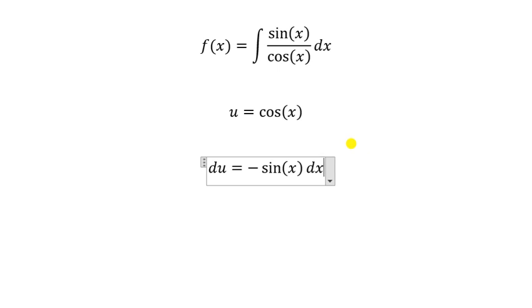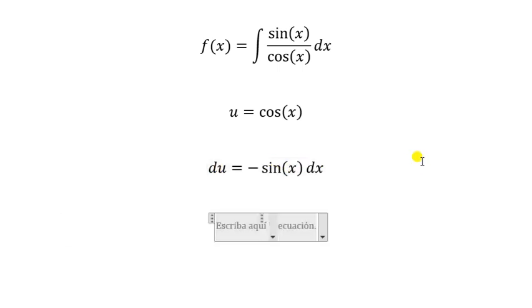Right? Now, we can try to directly substitute it like this, but there is a trick here. In this case, we can solve the second equation for dx. So we have dx equals minus du divided by sin x.